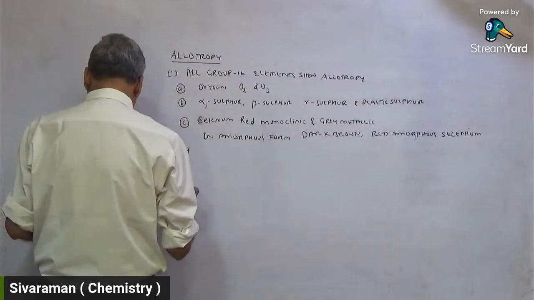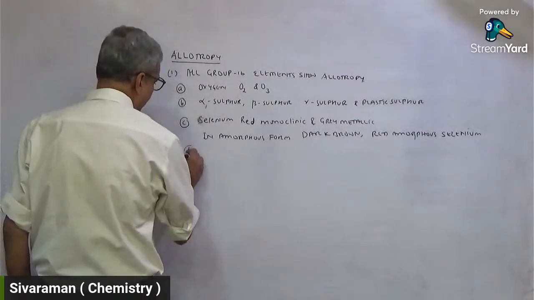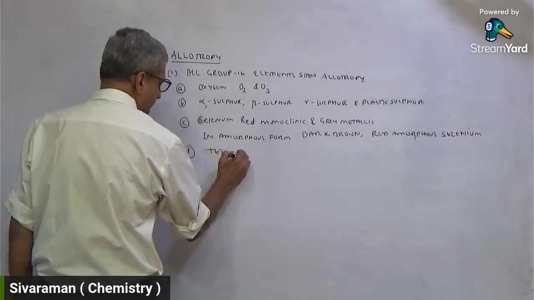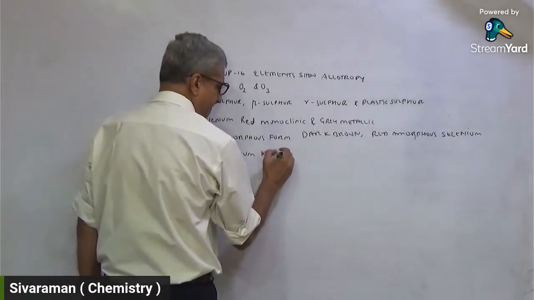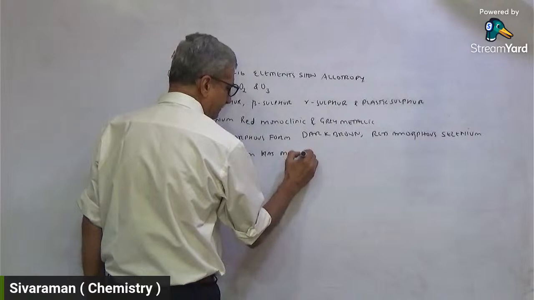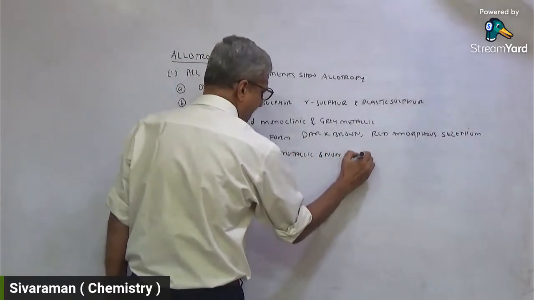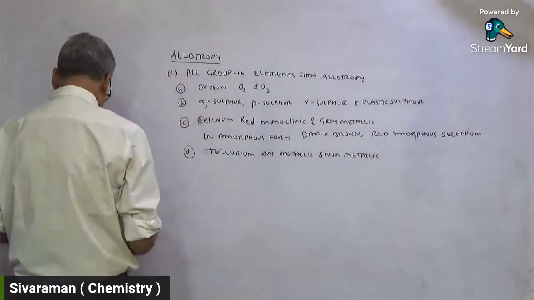Then oxygen, sulfur, selenium, tellurium. So tellurium has what? That is metallic and non-metallic. Tellurium has metallic and non-metallic forms.